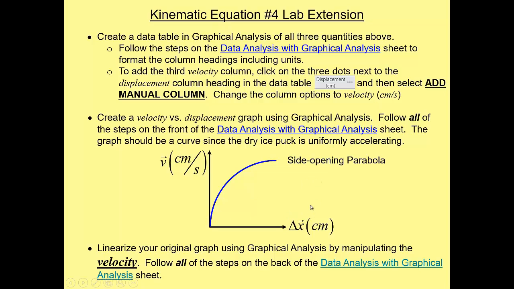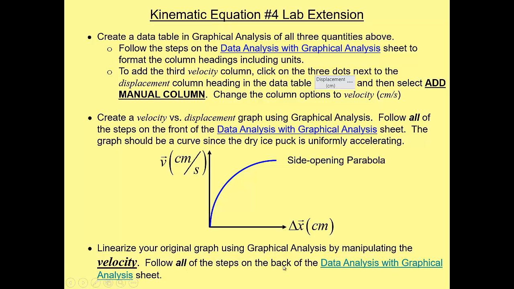Normally, when we've linearized, I've had you work with the horizontal variable, the independent variable. This time, though, because I know the equation I want to get at the end, it saves us some algebra, so I want you to do something to the velocity. When linearizing this graph, do something to the velocity, not the displacement.